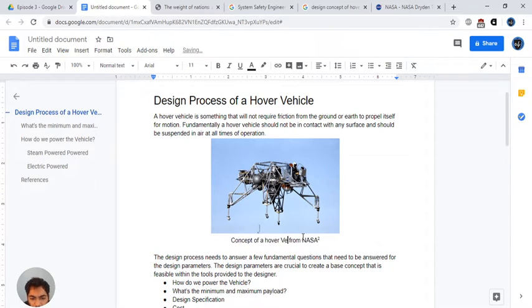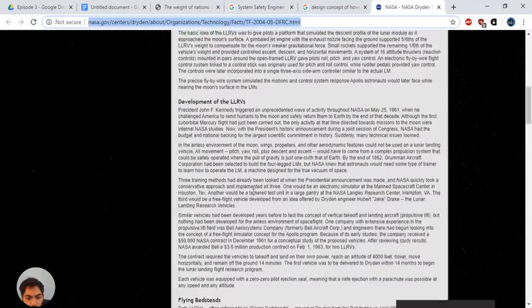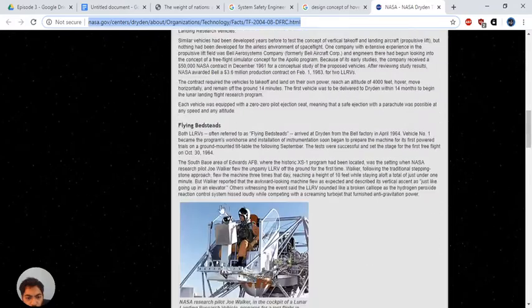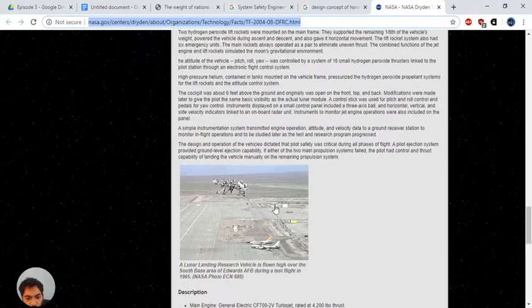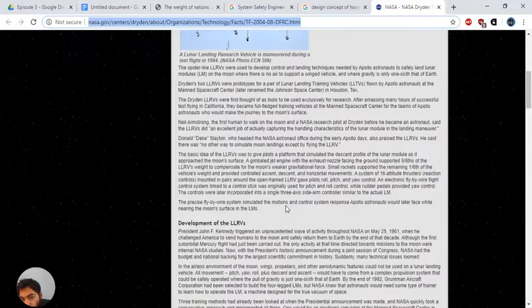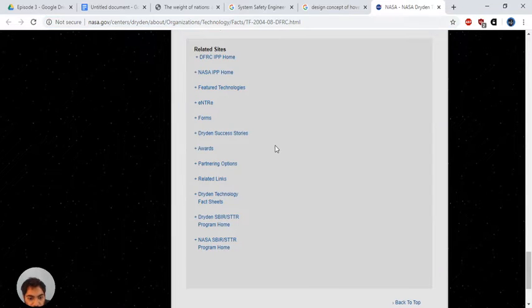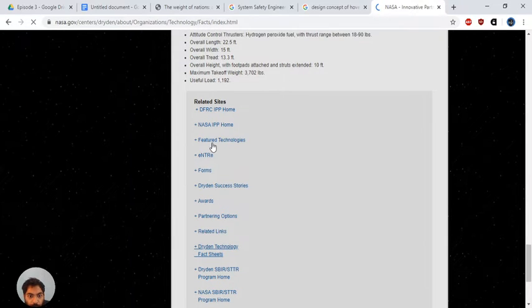I don't think it's a hover vehicle to begin with. It's like a lunar vehicle, I guess. But then it's going to fly, it's going to hover. So you could literally click here and use that.